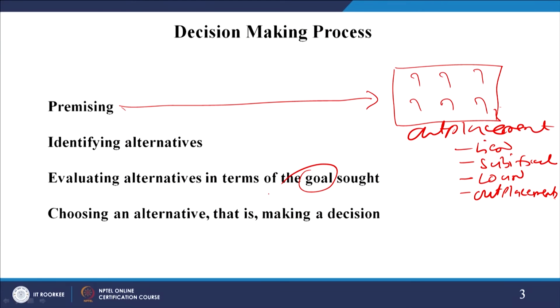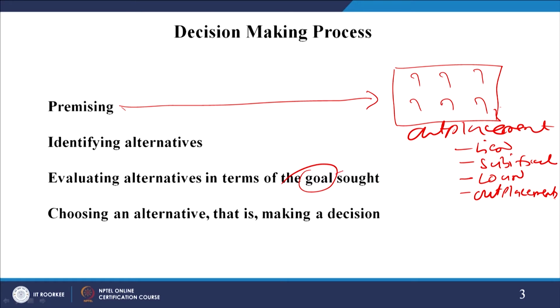So, in the decision making process it becomes very important that you are able to identify the alternatives. What alternatives are possible? Sometimes by paying money, sometimes without paying money, sometimes by creating more options through the use of technology and technological sources. So, which one will be the right one? Again, it will come in terms of the goal sought.